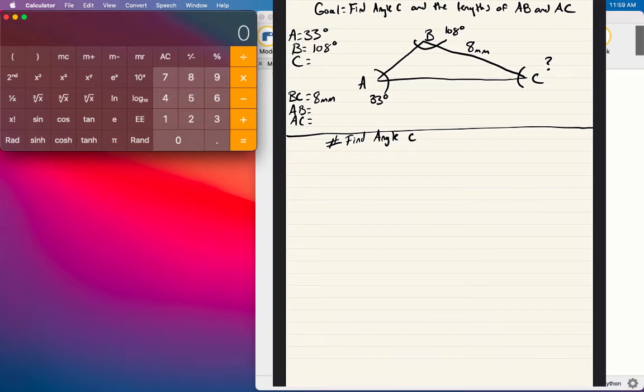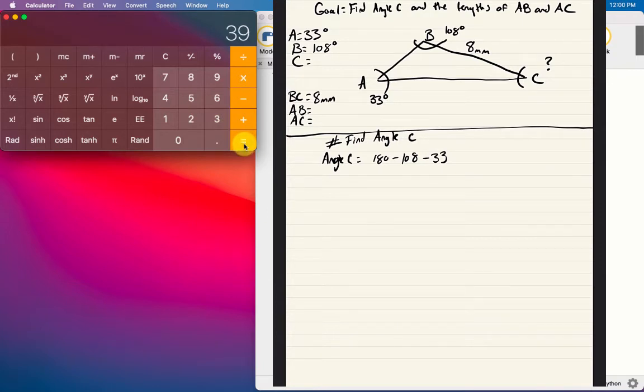So how do we do that? Well, we know that with triangles, the angles have to add up to 180 degrees. So we know angle C is equal to 180 minus 108 minus 33, right? So let's go to my calculator. 180 minus 108 minus 33 is 39.